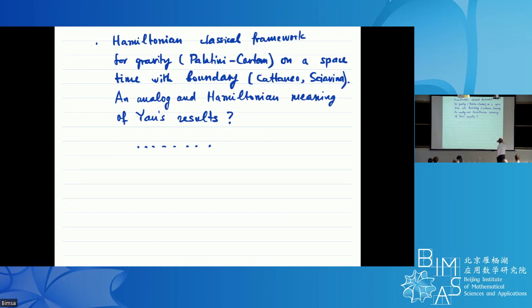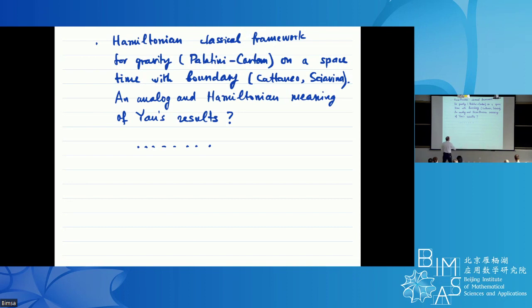So the fact is that there is a nice classical Hamiltonian framework for gravity if you reformulate Einstein gravity in the Palatini-Cartan formulation. For Einstein gravity, there is no good Hamiltonian framework once you have a boundary for your space-time, because Palatini-Cartan is not equivalent to Einstein.